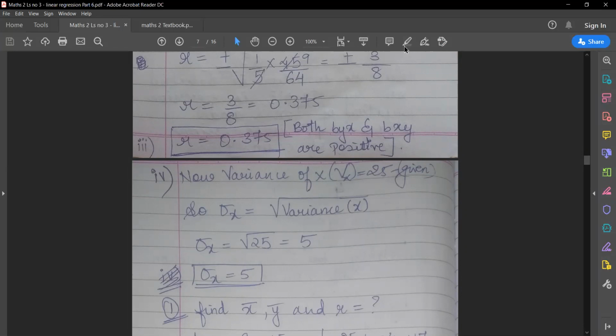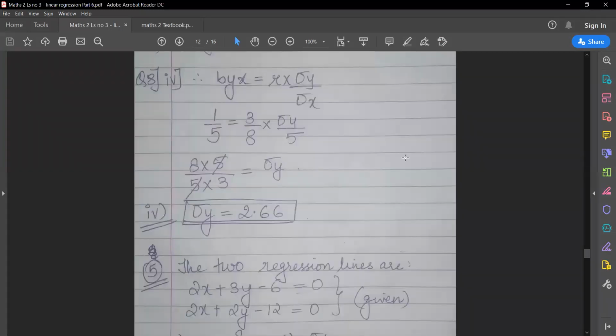But we don't need to find sigma x. We are told to find sigma y. So now you have both regression coefficients class, and remember this formula which I taught you all in the previous exercise. As I need to find sigma y, I'm keeping it in the numerator. So I'm taking the coefficient byx. byx is equal to r into sigma y by sigma x.